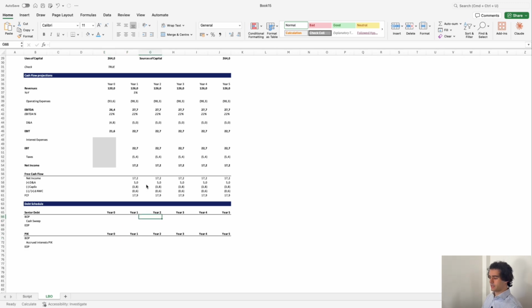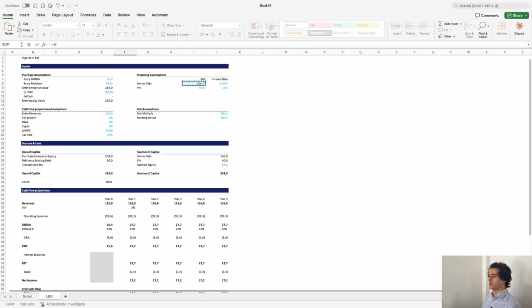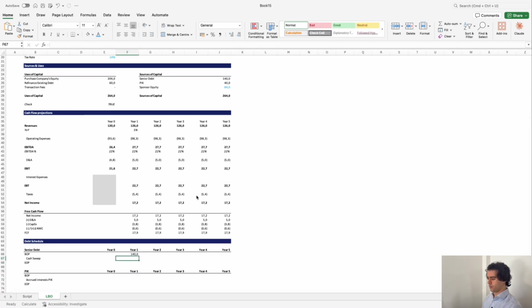So as we said, we will start from year one with a senior debt of 140 million, and at year one we will have a cash sweep of 17.9 million euros.